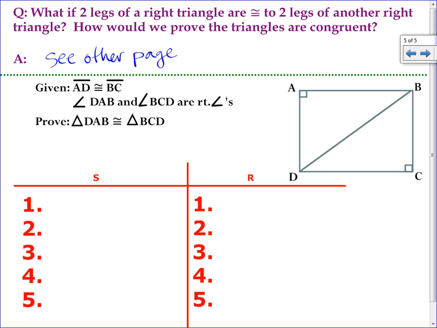Fill in the givens and see if you can determine what a few of the other steps are. It does help to label your picture too, so you can see what information you do have.